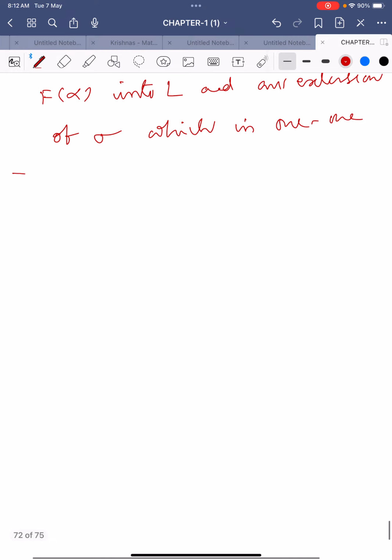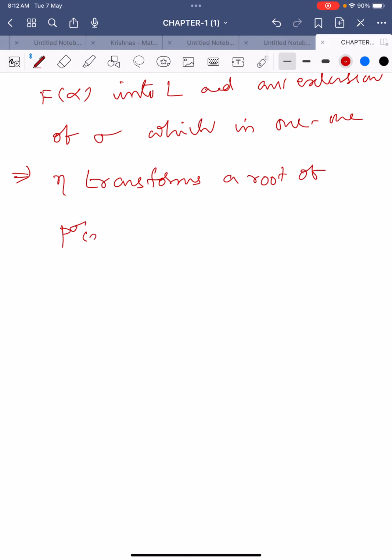This property shows us eta transforms a root of P^sigma(x) in F(alpha) into a root of P^sigma(x) in capital L. This point is very very important.